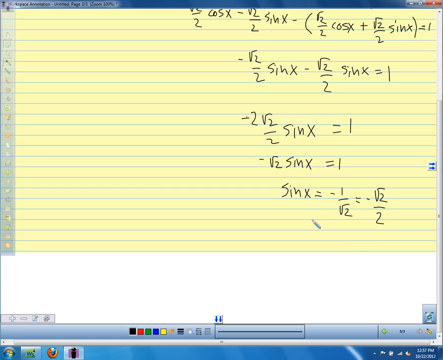So I look on my unit circle. Where does the sine of my angle equal negative square root of 2 over 2? I get x equals 5 pi over 4 plus 2n pi and x equals 7 pi over 4 plus 2n pi.